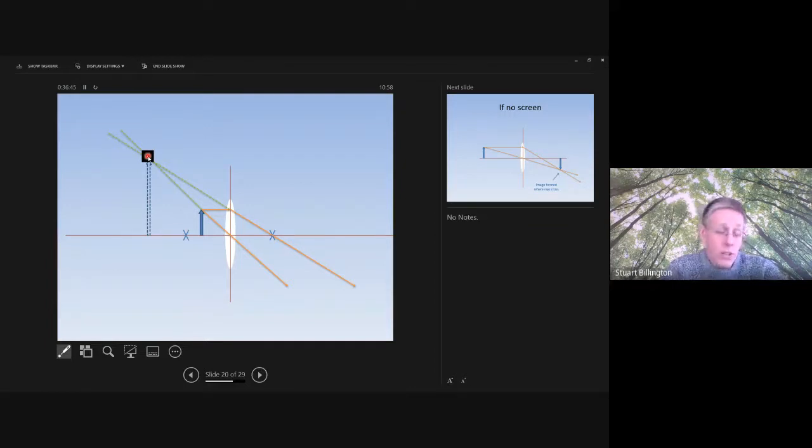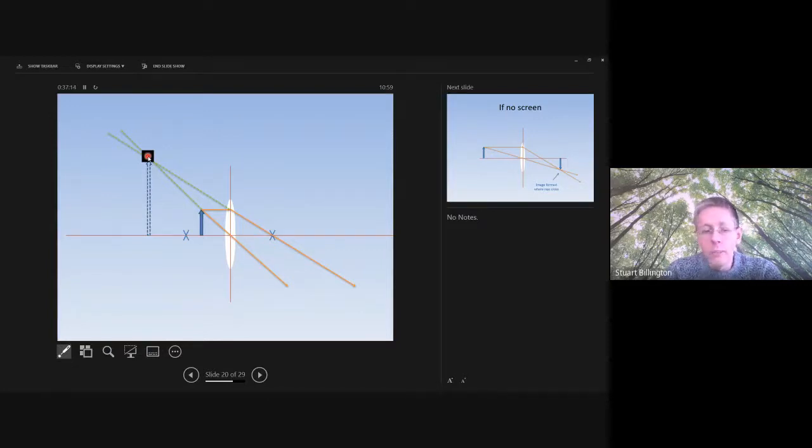Which is odd when you think about it, given that we're calling this a converging lens. The other descriptive words then, apart from virtual, upright rather than inverted, and enlarged or magnified rather than diminished.